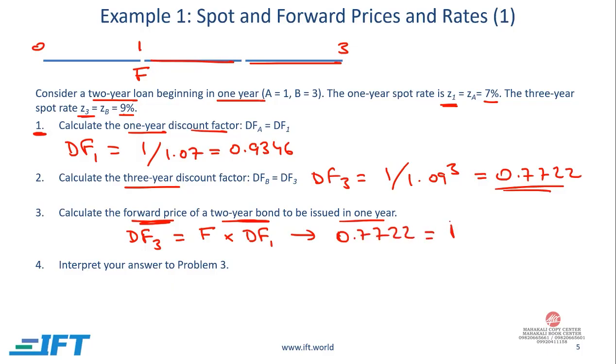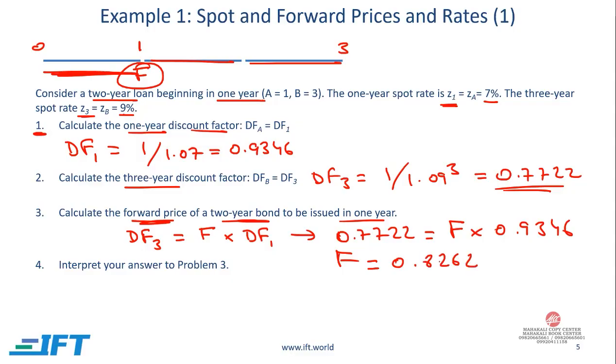This is equal to the forward price multiplied by the discount factor. So DF1 is the discount factor for this period, and we know that DF1 is 0.9346, and based on this we can calculate F. So F is equal to 0.8262. So this is the price over here for a bond that pays $1. So if somebody gets $1 over here, the price of that bond is going to be 0.8262 over here.